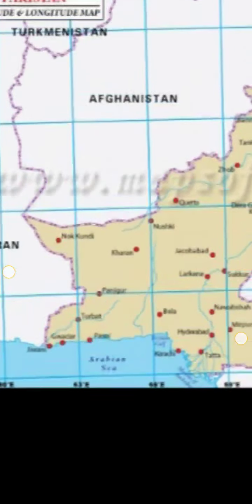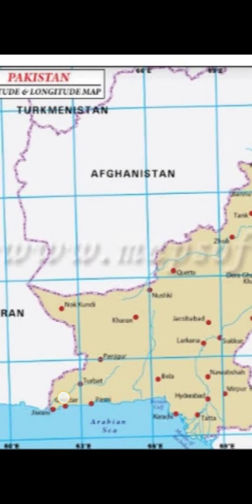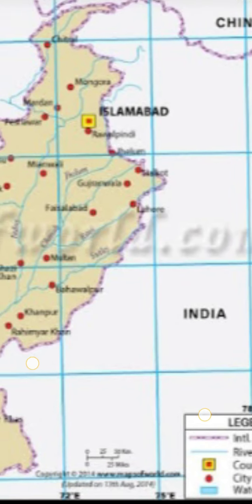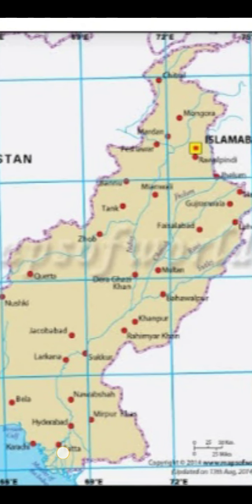If we look at the map of Pakistan, we find the same. We can look at where Pakistan is located. Over here 60 is here, and then 65, and one corner of this map is at 65 east, and the other corner is at 75 east.